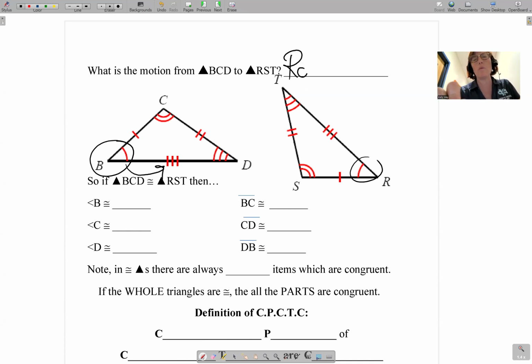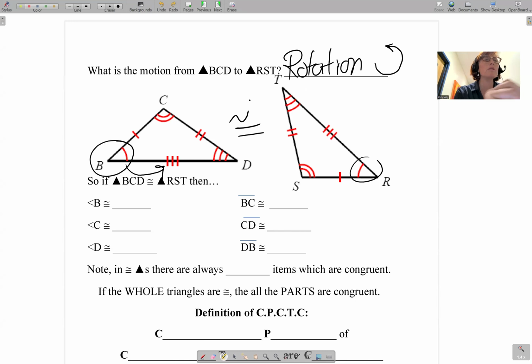So this was a rotation counterclockwise, and when you take a triangle and you put it through translation, rotation, or reflection, you get completely congruent triangles.